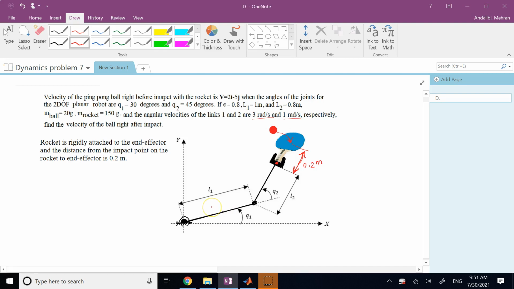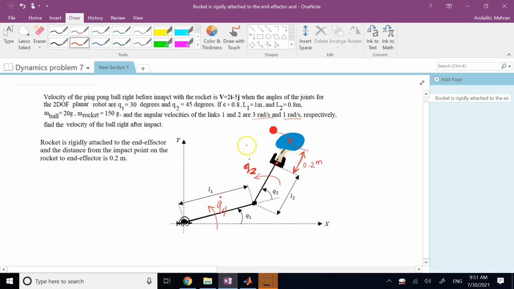So I also know Q1 dot and Q2 dot, right? They are both, omega 1 and omega 2, given to me as positive numbers, which means counterclockwise, if we use traditional XY, which we are using here. And so definitely you can find the velocity of this contact point.